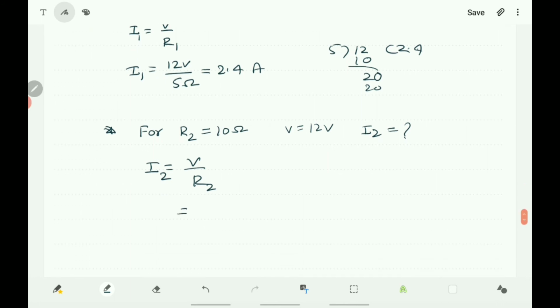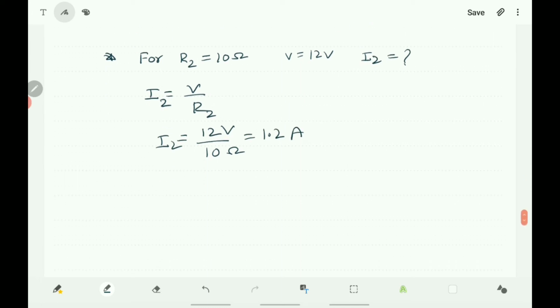And V is again the same 12 and by 10, that is 12 volt by 10 ohm, that is I2 is equal to 1.2 ampere.